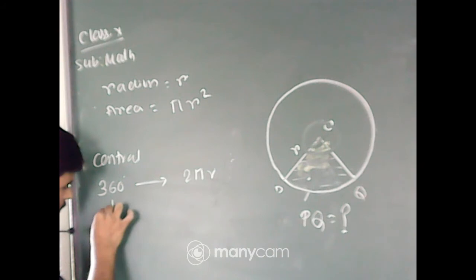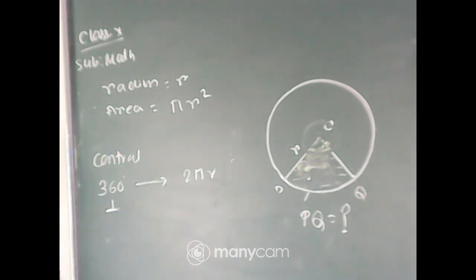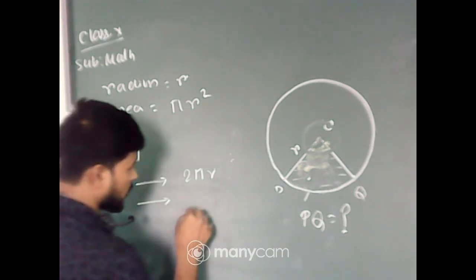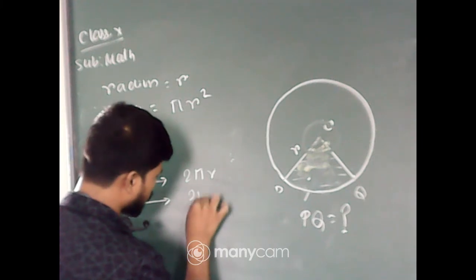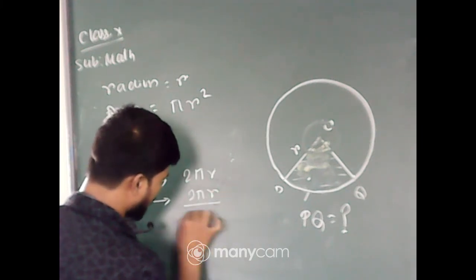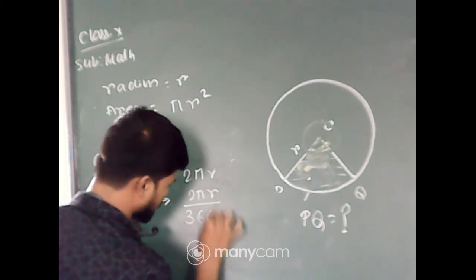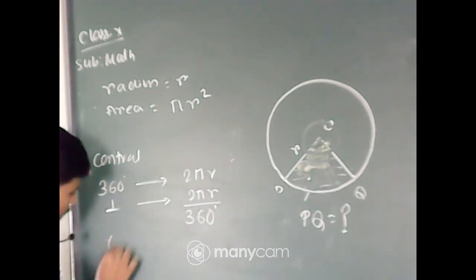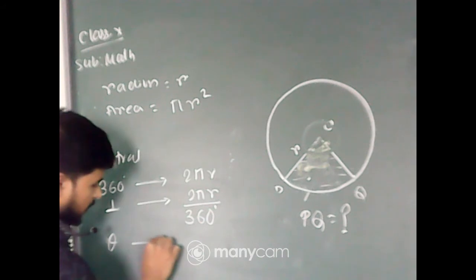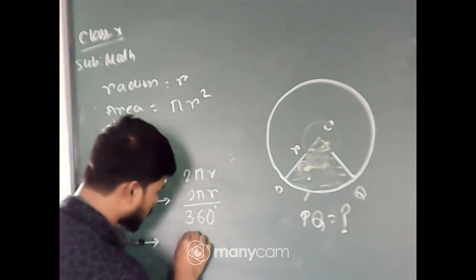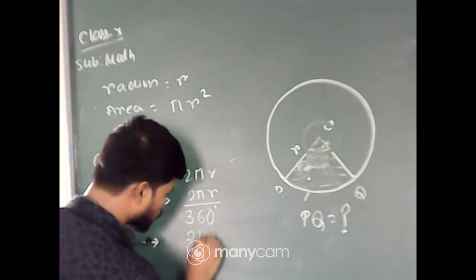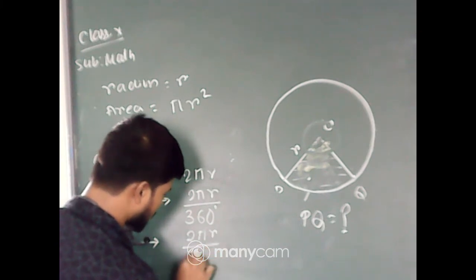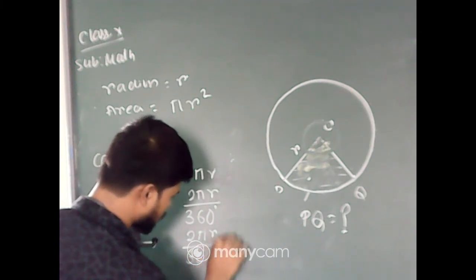If the central angle is theta degree, the length of the curve will be 2 pi r by 360 degree into theta.